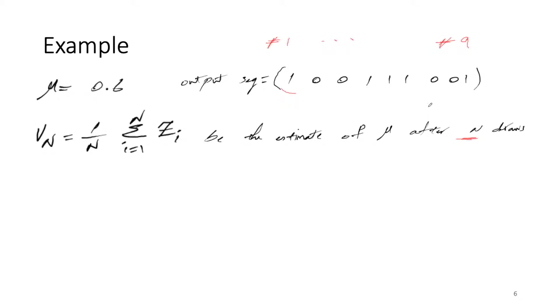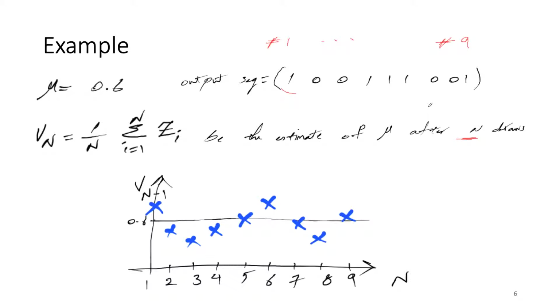If we plot this, your x-axis represents your n, from 1 up to n, which was 9, and the y-axis pertains to v of n, and this is the maximum, which is 1. This is 0, right? So all of them are in this range.